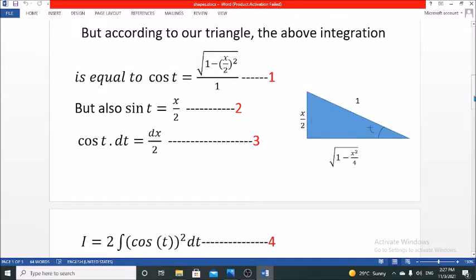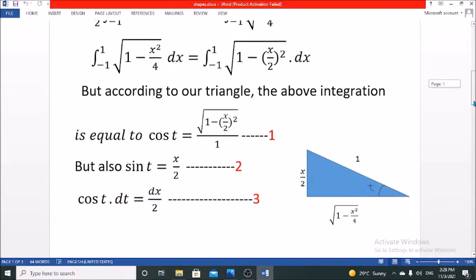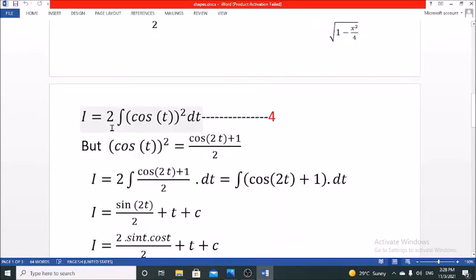Note that in our original integral, the root is actually cosine t, and dx here is twice cosine t dt. So our integral yields twice the integral of cosine t all squared dt. And from trigonometric identities, cosine squared t equals (cosine 2t plus 1) over 2.